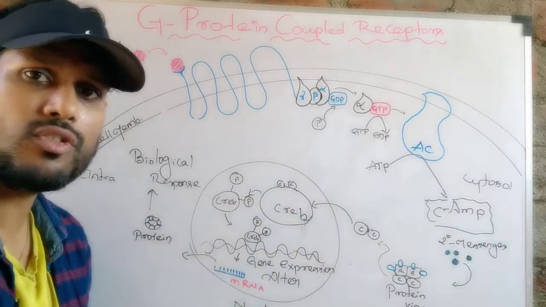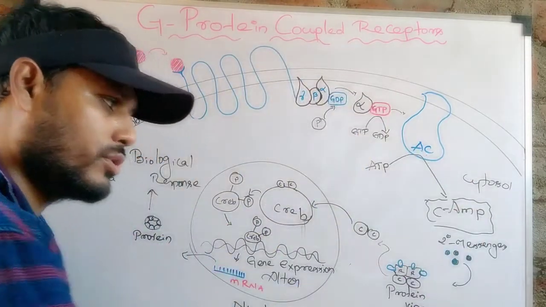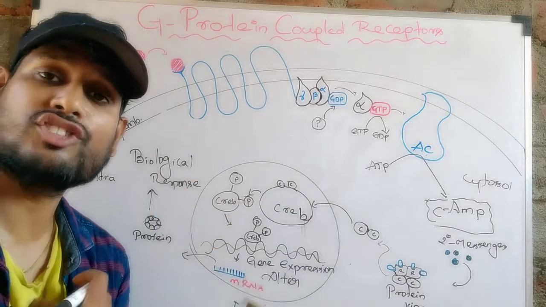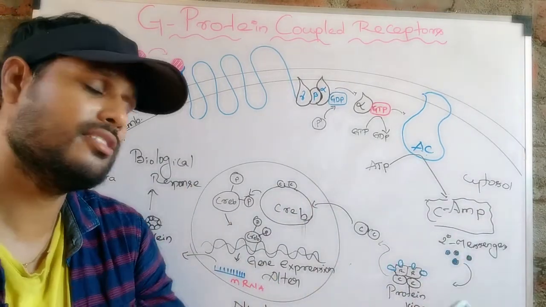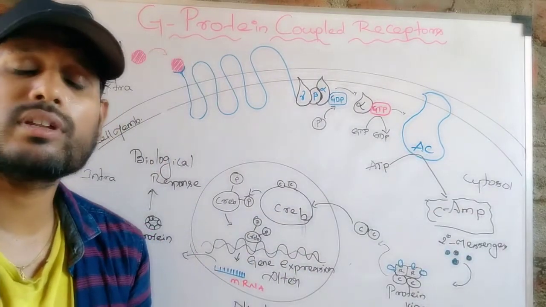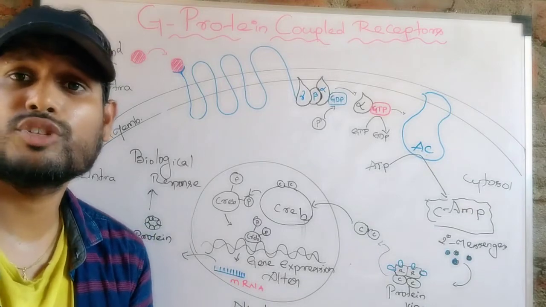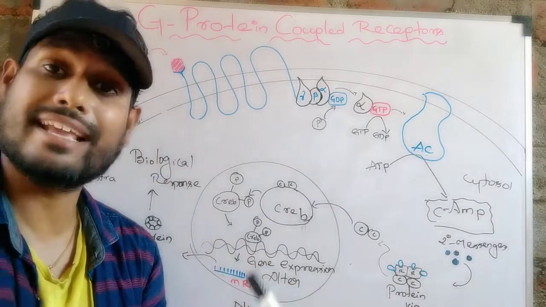For the contraction of heart muscles, we have G protein coupled receptors. For the contraction of heart, we need cyclic AMP secondary messengers. Without cyclic AMP secondary messenger production, your heart will not contract. So this is the best example.